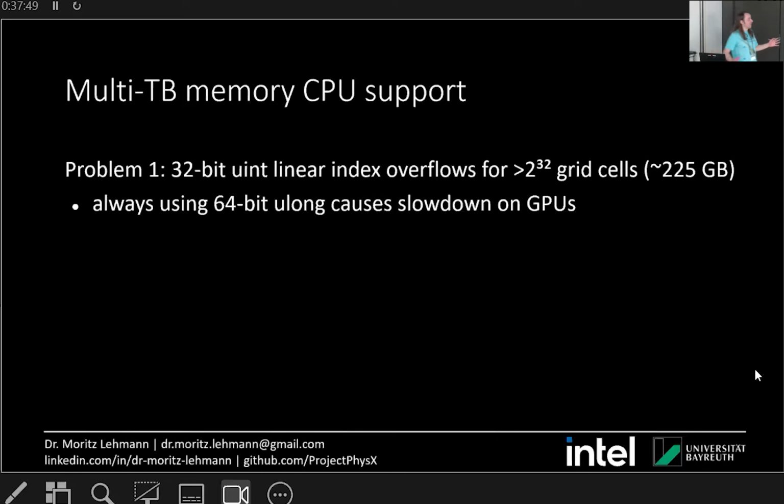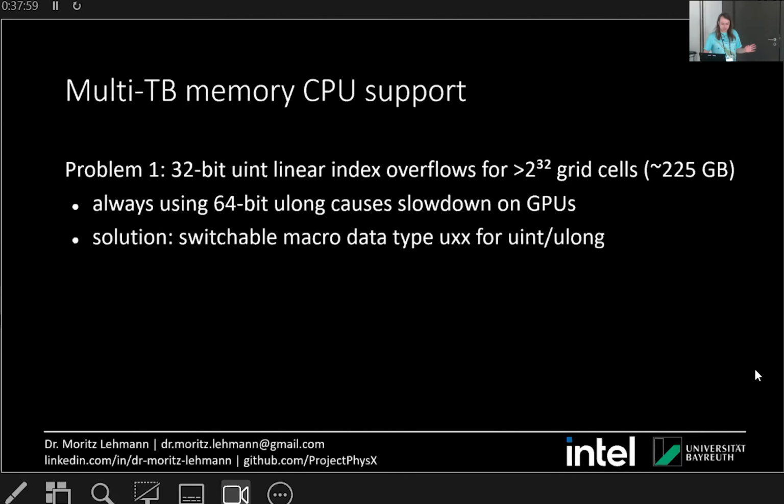Always using the 64-bit ulong data type for the grid cells is bad, because it causes a lot of slowdown on the gaming GPUs. So the solution is a switchable macro data type. Because OpenCL is compiled at runtime, you can switch between 32 and 64-bit data types on the fly.